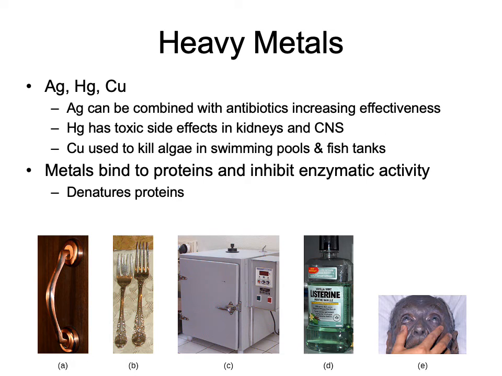You can see in the images below that in A, you can incorporate heavy metals into door handles or materials where you touch them and can be transferring microorganisms. There are some handles and metal pieces on campus that have been treated and resist microbial growth.